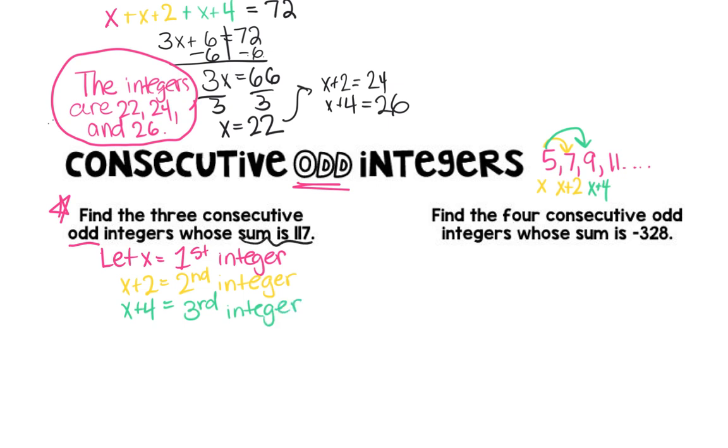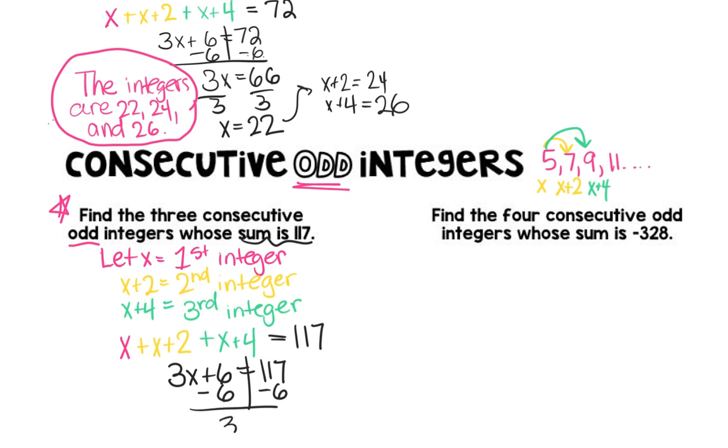Now we can set up our equation. We know the sum is 117, so we have our first integer plus our second integer plus our third integer, and that is going to equal 117. When we combine our like terms right here, we have 3x plus 6 is equal to 117. I'm going to solve, subtracting 6 on both sides. That's going to give me 3x equals 111.